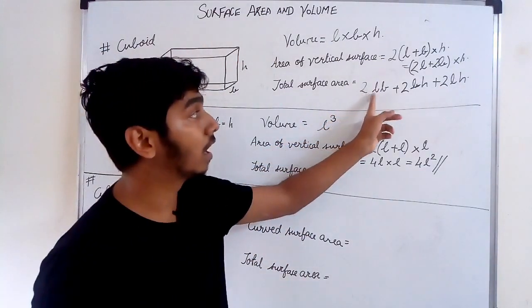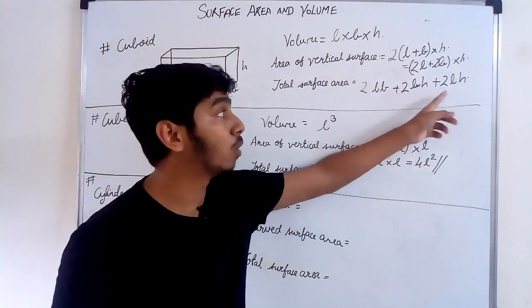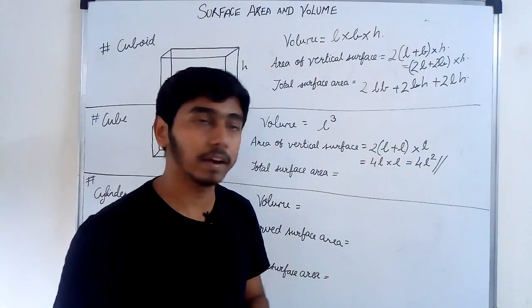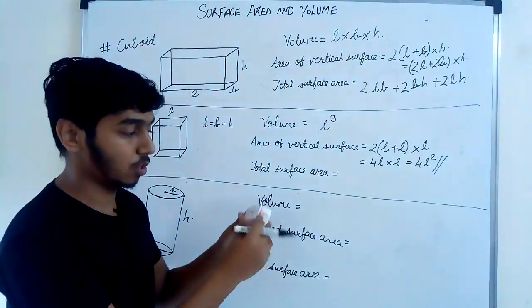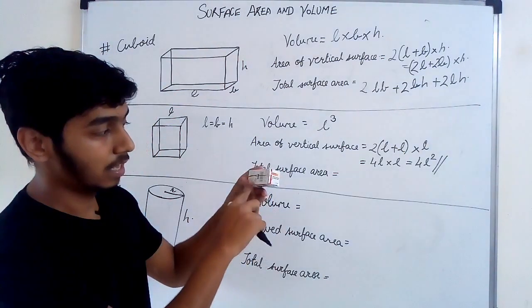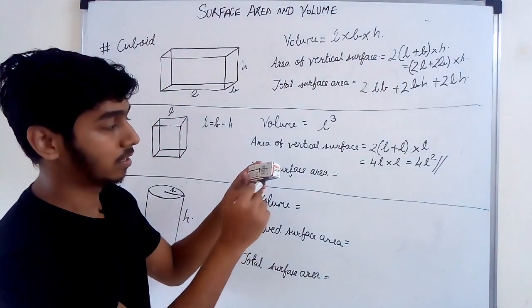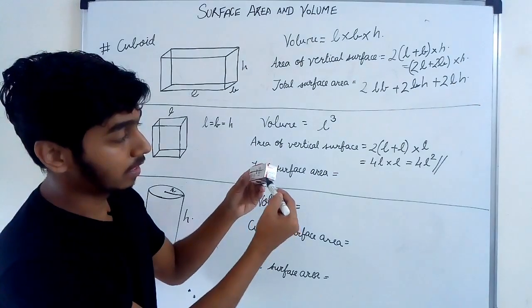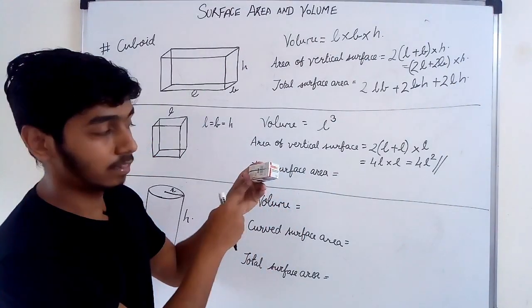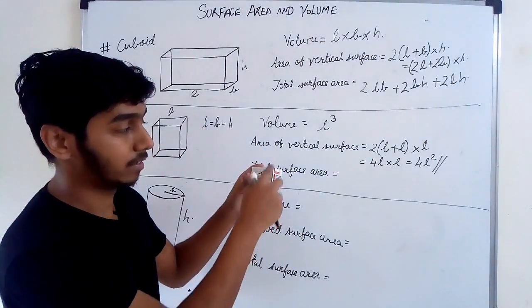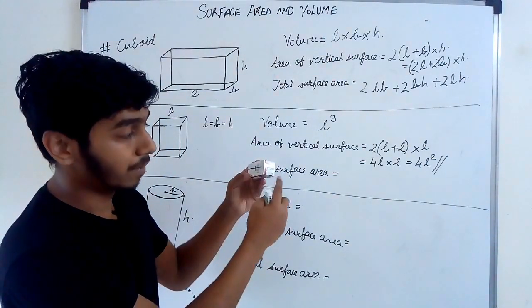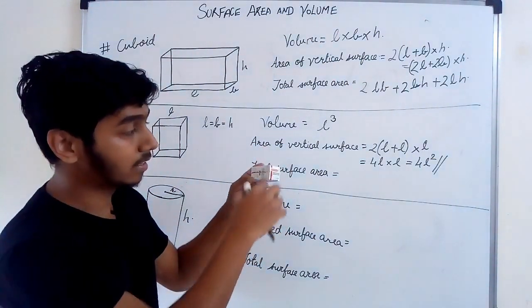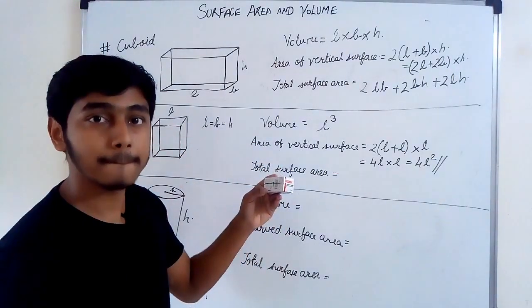We have to see how we get this formula. So here, length and breadth. If you think of this cuboid again, this is the length, then there is this breadth, length, breadth and height, correct. This is the length, this is the breadth, and this is the height.